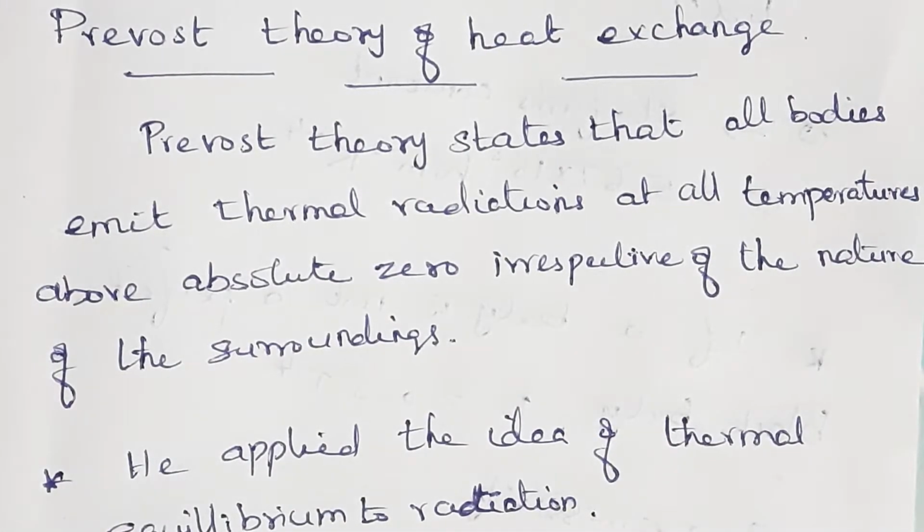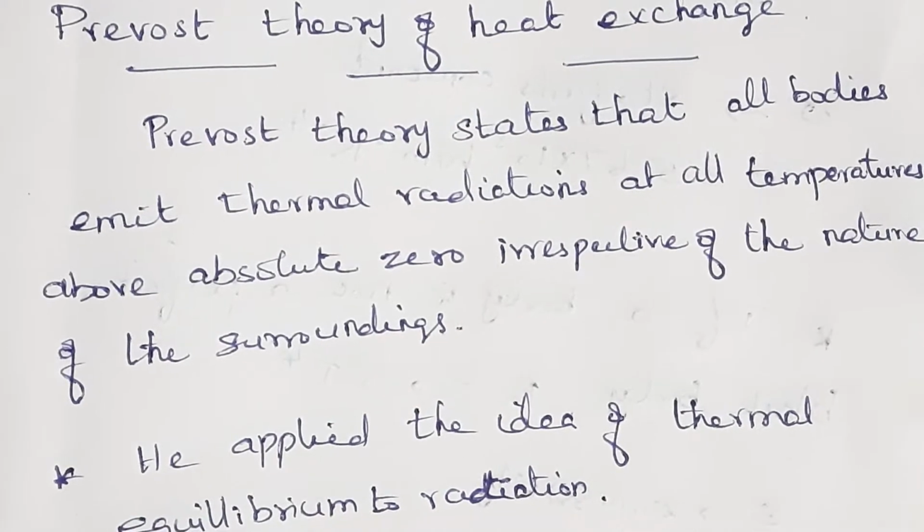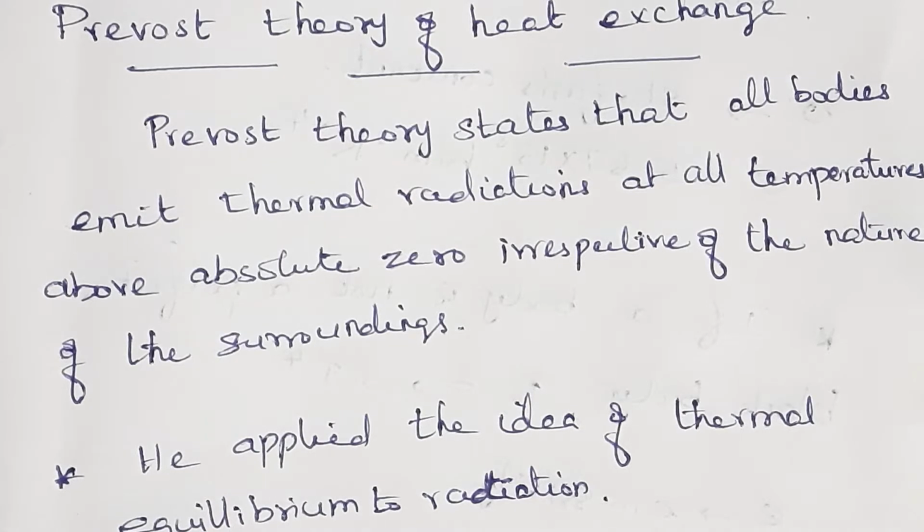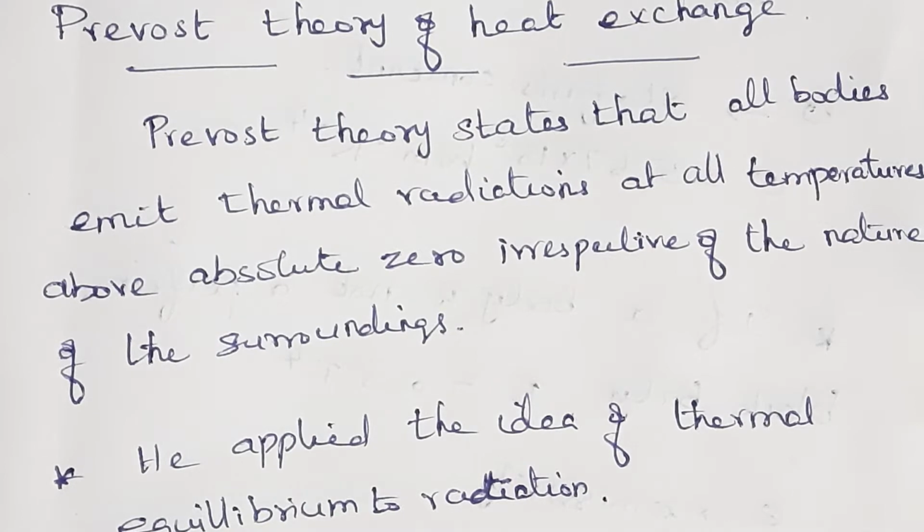He applied the idea of thermal equilibrium to radiation. So what is thermal equilibrium? First I said that hot bodies radiate more heat than the cooler bodies, isn't it? So at a particular time, the rate of exchange of heat from both the bodies will become the same, so that the bodies are said to be in thermal equilibrium.